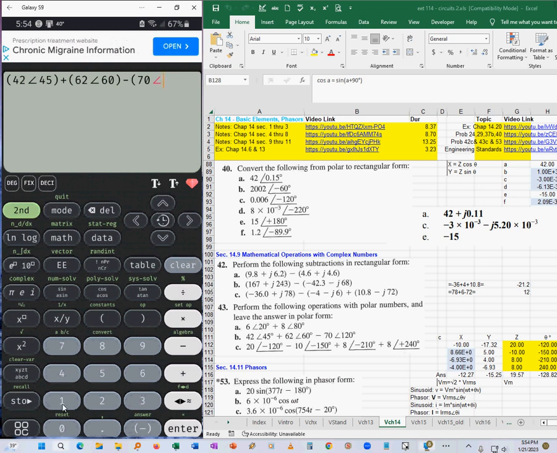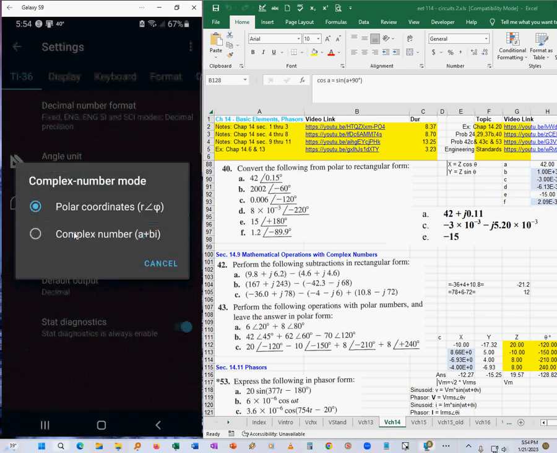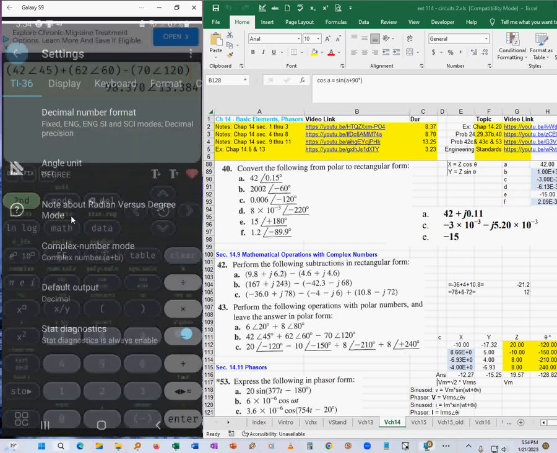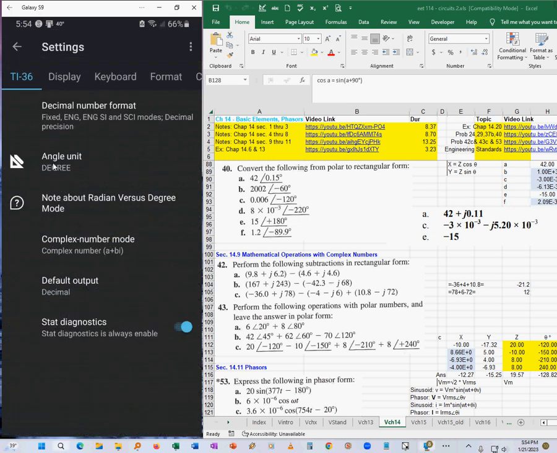There it is in polar, and then to convert it to rectangular, I go to the mode button, change back to rectangular, hit enter, there it is. Just to review, to make sure you're on degrees on this calculator, you hit mode, hit your angle unit, and make sure that's on degrees.